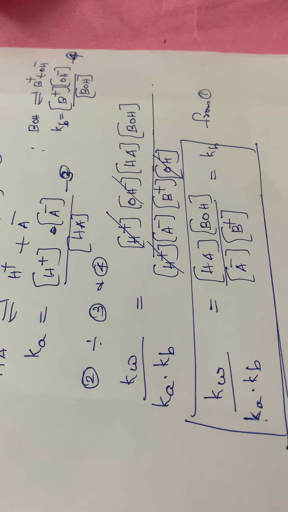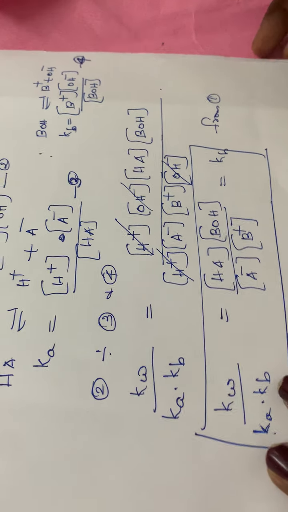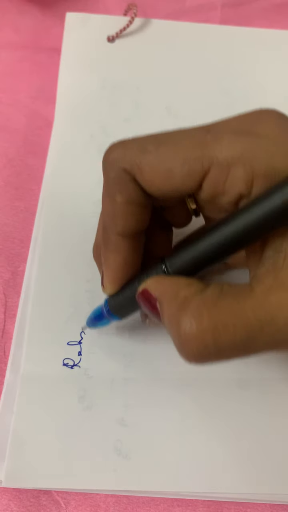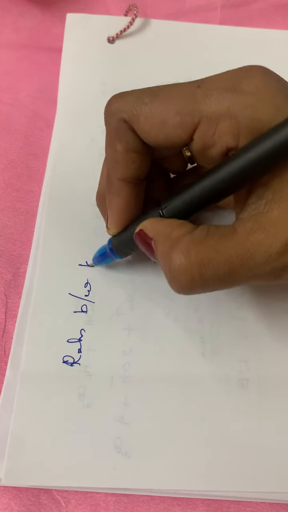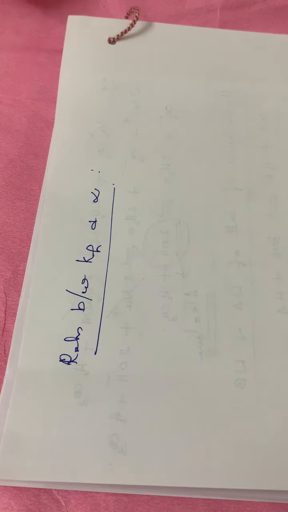Then the next one is regarding the relation between hydrolysis constant and degree of hydrolysis, alpha or h.